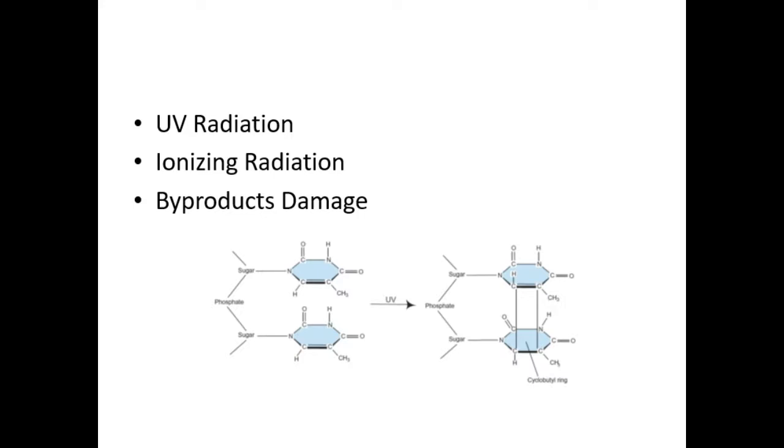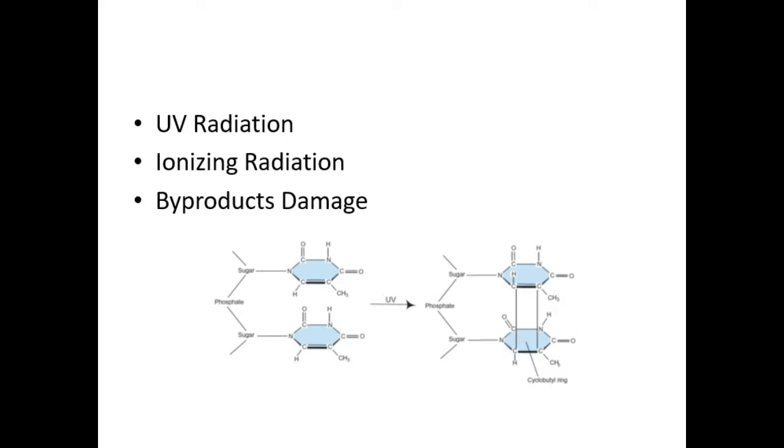And then the unique thing about ionization is that it ionizes the molecules surrounding the DNA, especially the water. When you ionize the water, that forms free radicals, which are extremely reactive, and then they can attack the DNA molecule and change the base, or cause single or double-stranded breaks.